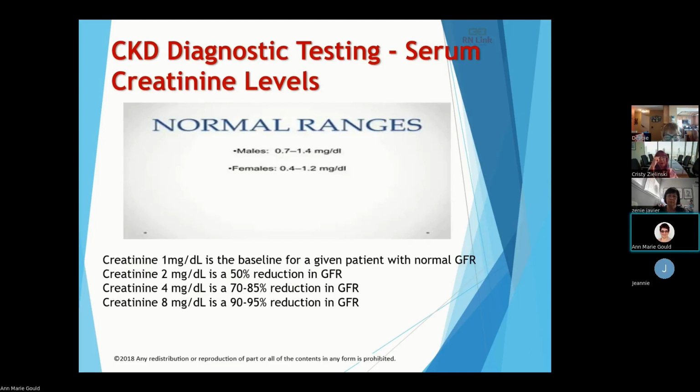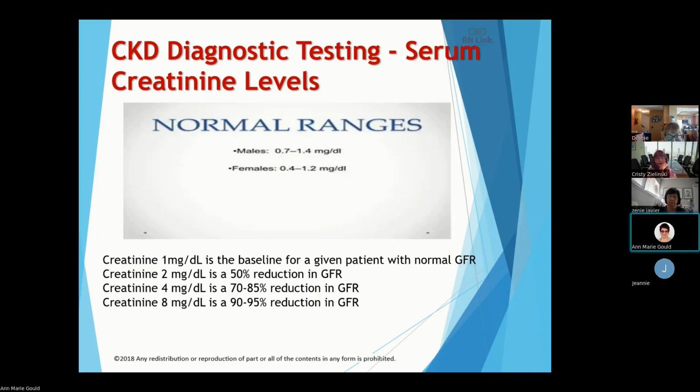With a creatinine of 4 milligrams per deciliter, that's a 70 to 85% reduction in GFR. And then a creatinine of 8 milligrams per deciliter is a 90 to 95% reduction in GFR. So if they hit an 8 milligram creatinine, they're probably end-stage renal disease and they're on hemodialysis.